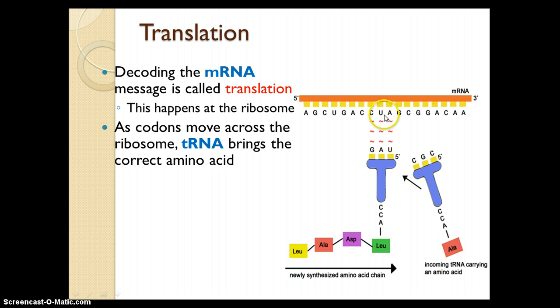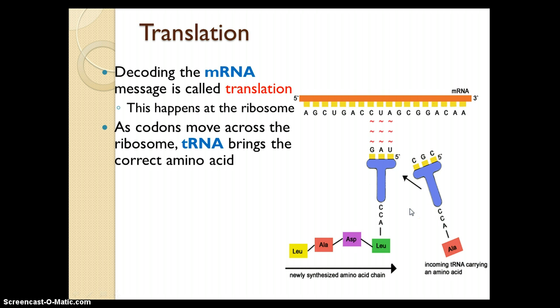So when the ribosome sees CUA, it kind of recruits the right tRNA to come along. And this tRNA has bases on one end, and it has an amino acid on the other. And so it adds its amino acid, and then the mRNA slides along to the next codon.